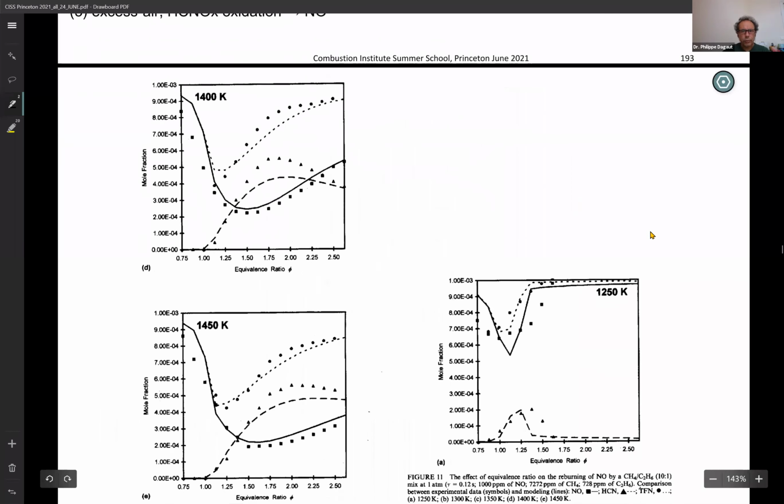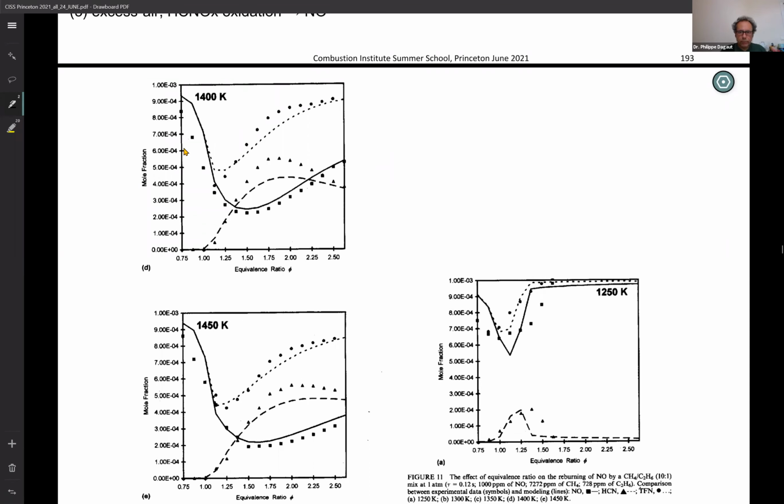So I will show you some examples of laboratory results where we oxidized a fuel. Here we used a mixture of methane and ethane, 10% ethane compared to methane, in order to mimic a simple natural gas.